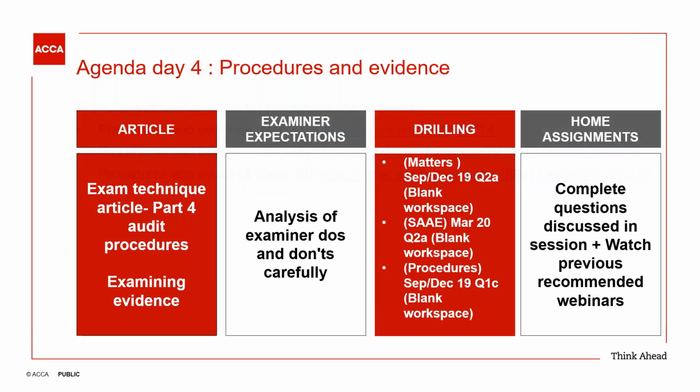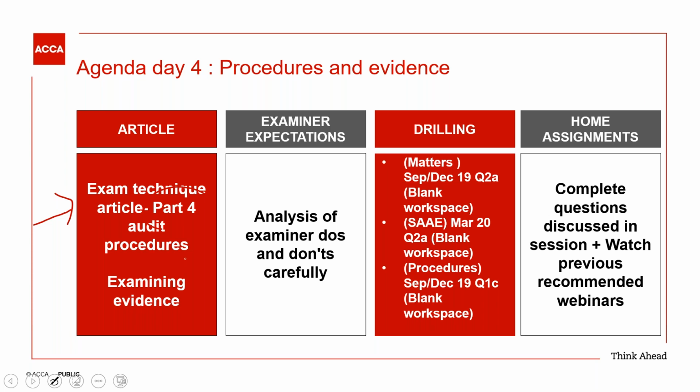The agenda today, 2 articles, recommendable articles, and you will be finding them in the handout section shortly. One article is exam technique article, which is a part 4, and the part 4 deals with audit procedure. And then there is an article known as examining evidence, which gives you a clear idea or a differentiation between what is an audit procedure and what is an audit evidence.